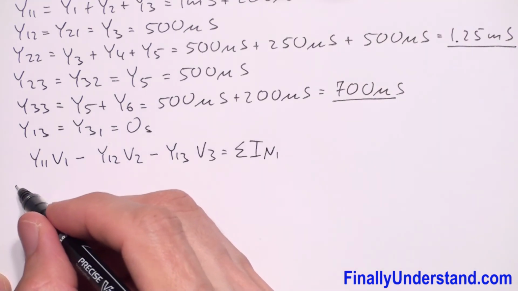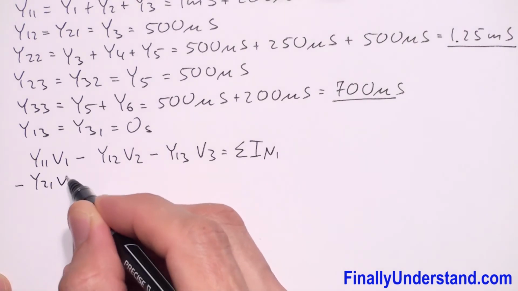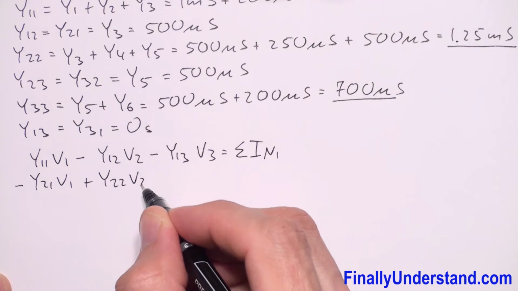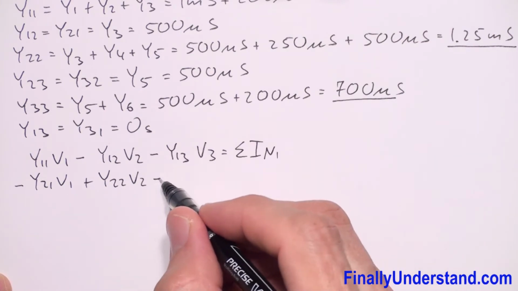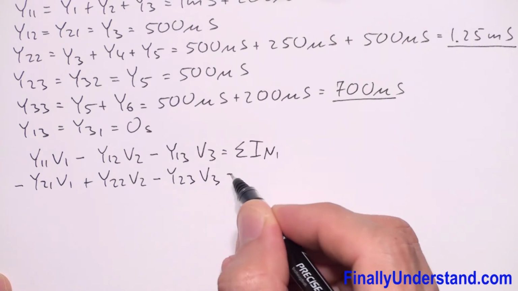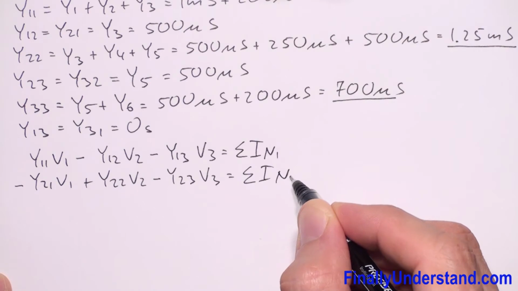Next, you're supposed to write negative Y21 V1 plus Y22 V2 minus Y23 V3 is equal sum of the currents at node 2.